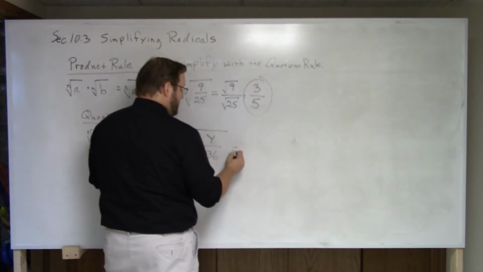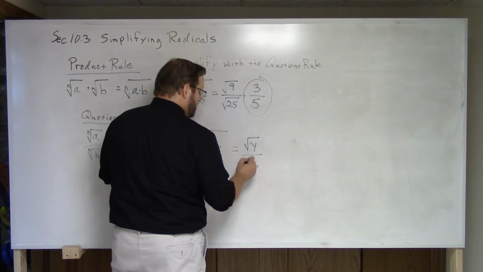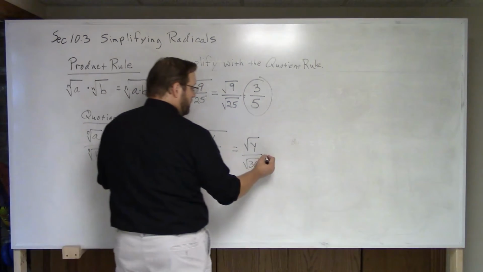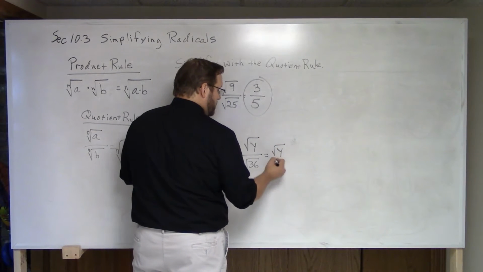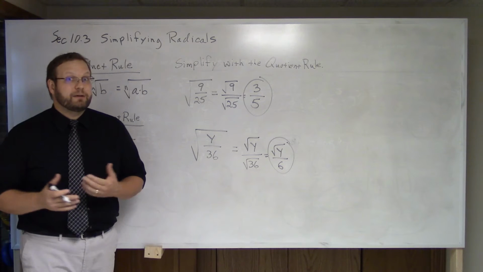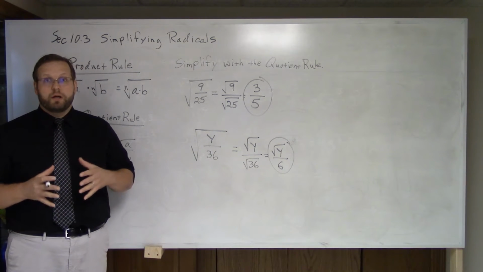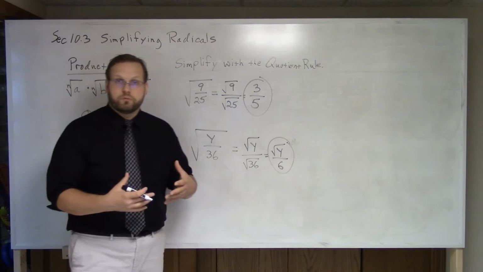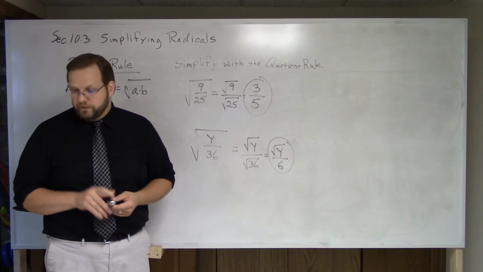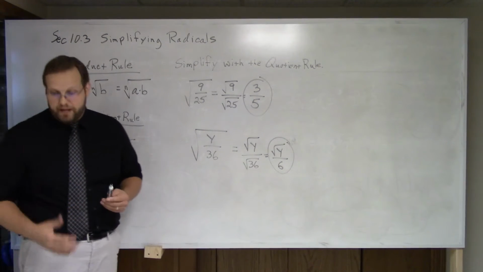But if we separate that into square root of y over square root of 36, that doesn't come out as neatly as the previous example, but square root of y over 6. And we at least get rid of that radical in the denominator. Okay? That's pretty much what that product rule and quotient rule, just at the very surface of it, that's what they're going to be used for. Okay? Now, let's bridge into actually simplifying radicals.